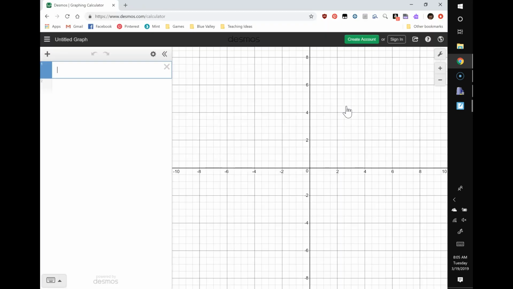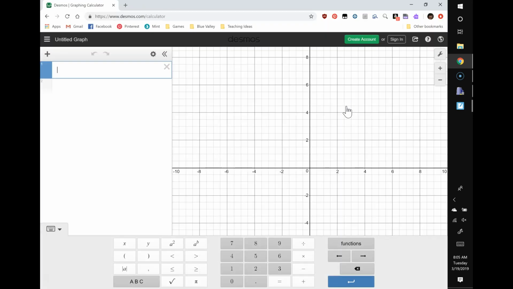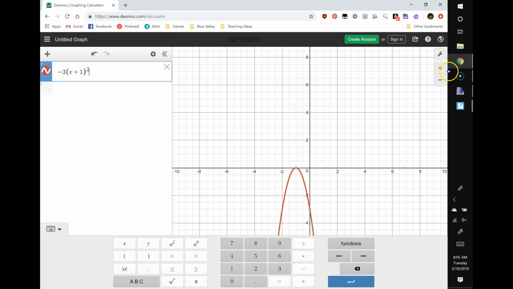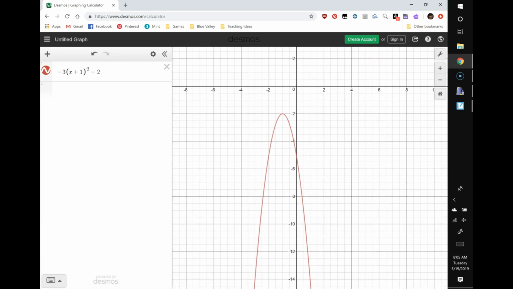So I'm going to type in here -3 parentheses x plus 1. And then I'm going to put my squared above it. And then it's going to be -2. So there's my graph. I can see it graphed there. Now, what I really want from this graph is a table because it's much easier to see points from a table.